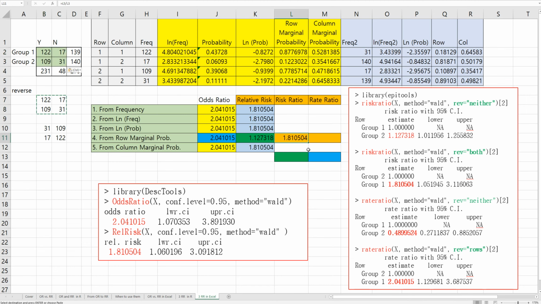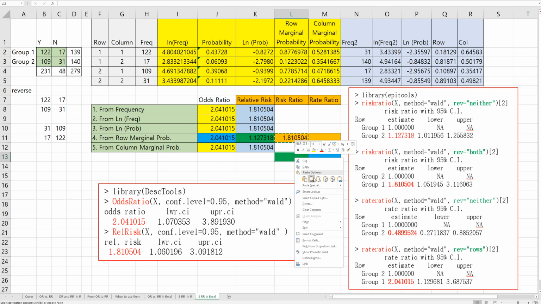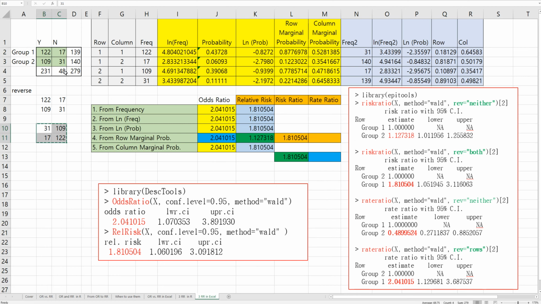Then you can get this risk ratio, right? So let's change again. This is the original 2 by 2 contingency table. So if you reverse rows and columns, then you can get the same relative risk, right?